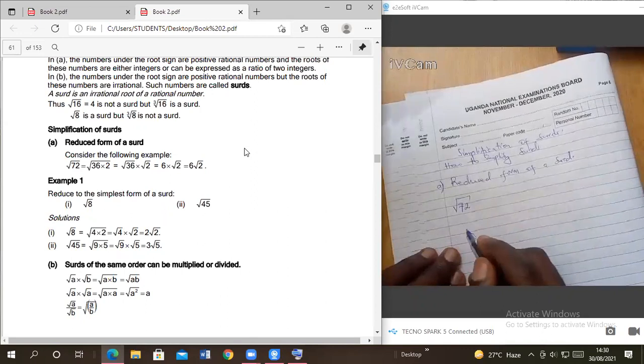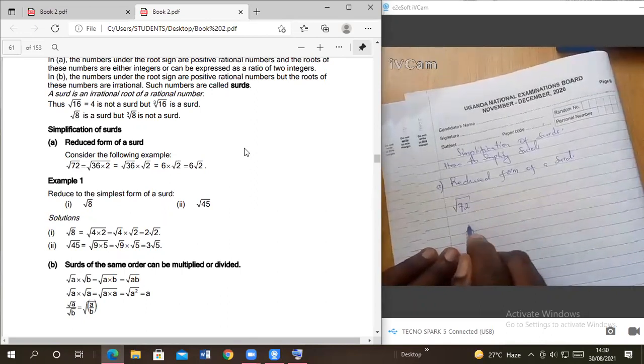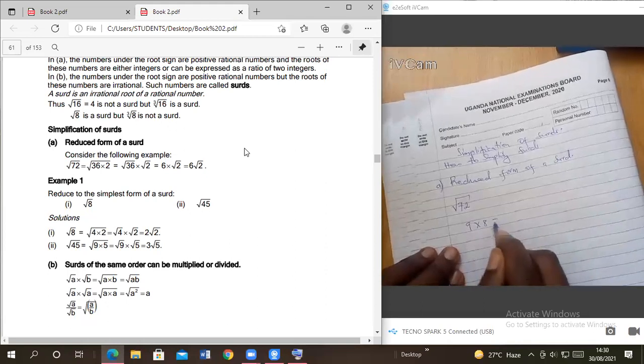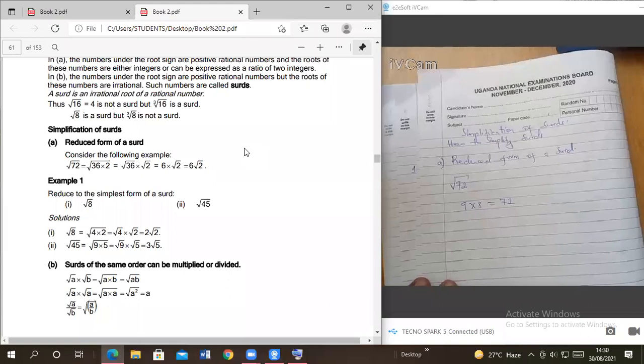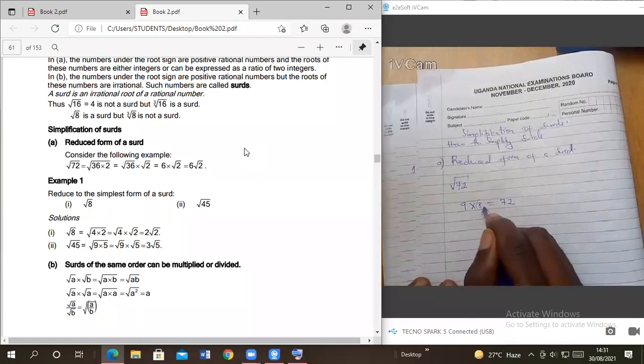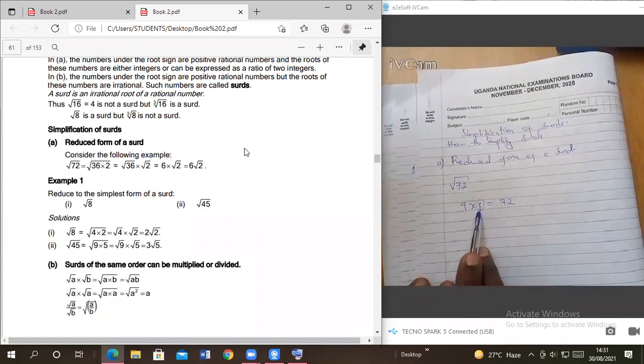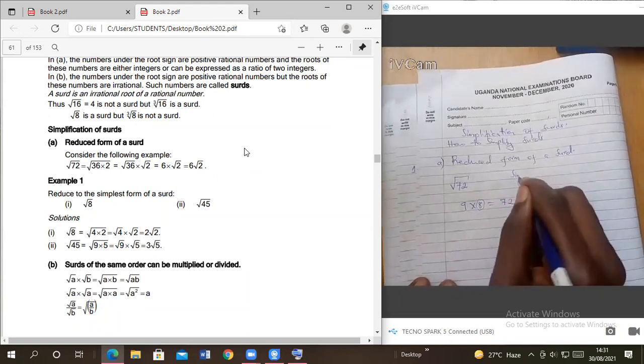8 and 9. 8 times 9 gives us 72, right? But when you look at 8, 8 can still be simplified further, because 8 is 4 times 2, and 4 has a square root. Remember we want to simplify it to the simplest form.